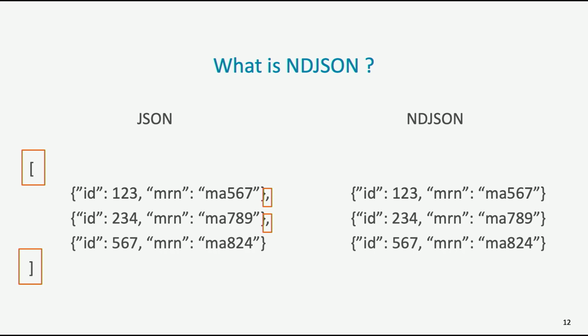Now, in New Line Delimited JSON, each JSON object is separated by a new line character instead of a comma or any other delimiter. And this allows these JSON objects to be read and processed independently, making it very easy to parse large amounts of data in real time or in batches. So just keep in mind that it's a slightly different format, but it's still very easy to use.